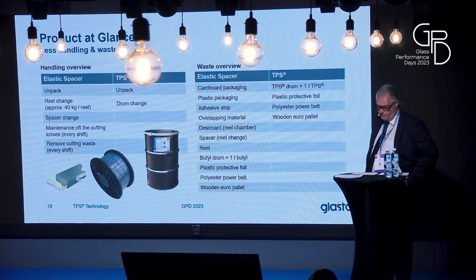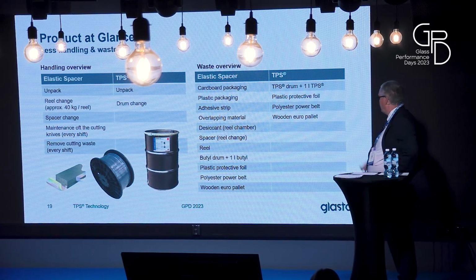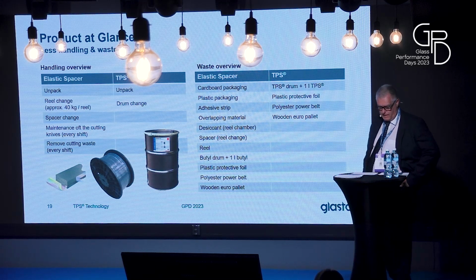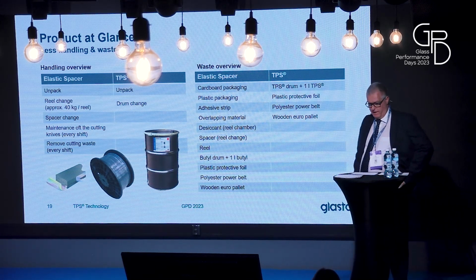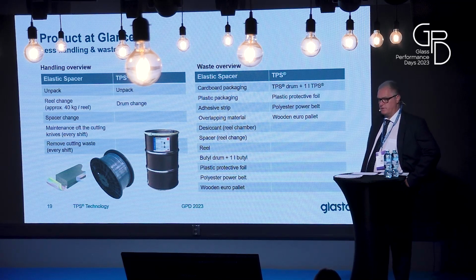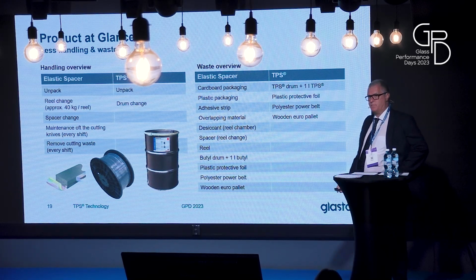With TPS, you have mainly the drum, the plastic protective foil, the power belt, and the wooden pallet for the transport. With the elastic spacer, there are many more positions and much more waste is produced. And this is a further reason why TPS is much more sustainable compared to all other spacer types.